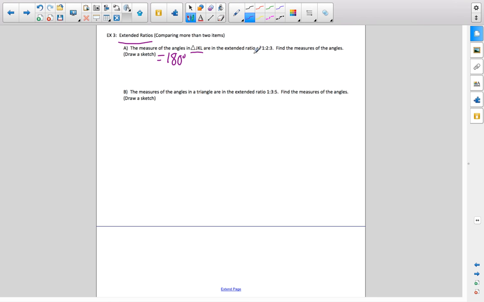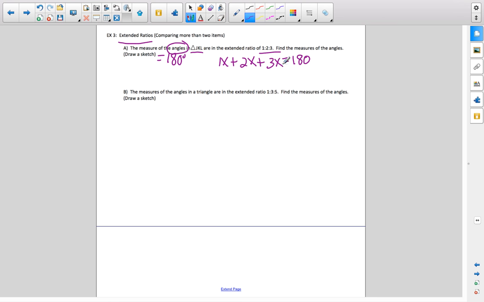That's how they compare to each other, but we don't know what we're multiplying. It can't be 1 degree, 2 degrees, and 3 degrees, because that doesn't add up to 180. But what I do know is 1 times a number plus 2 times that same number plus 3 times that same number is going to give me the sum of 180.